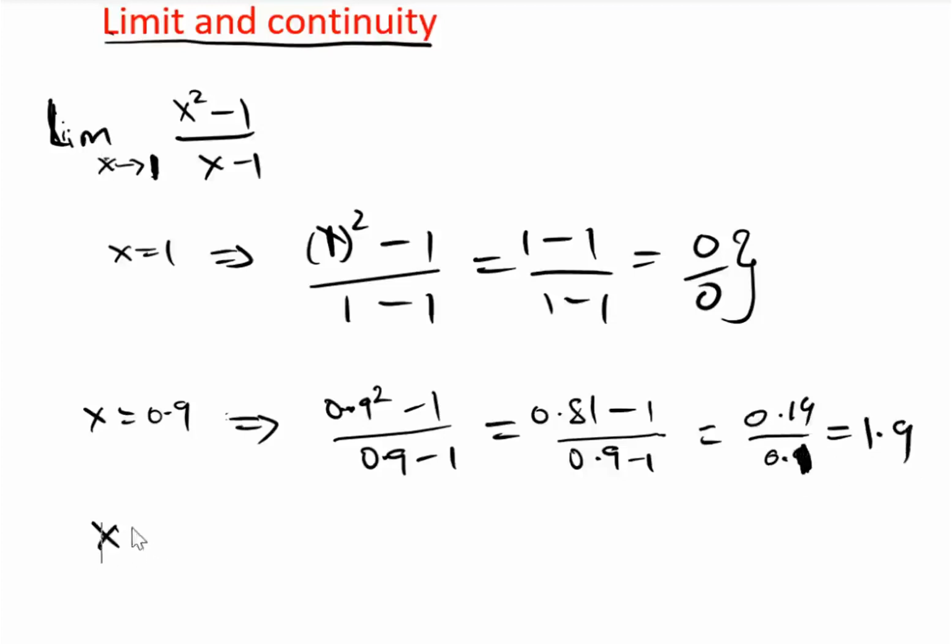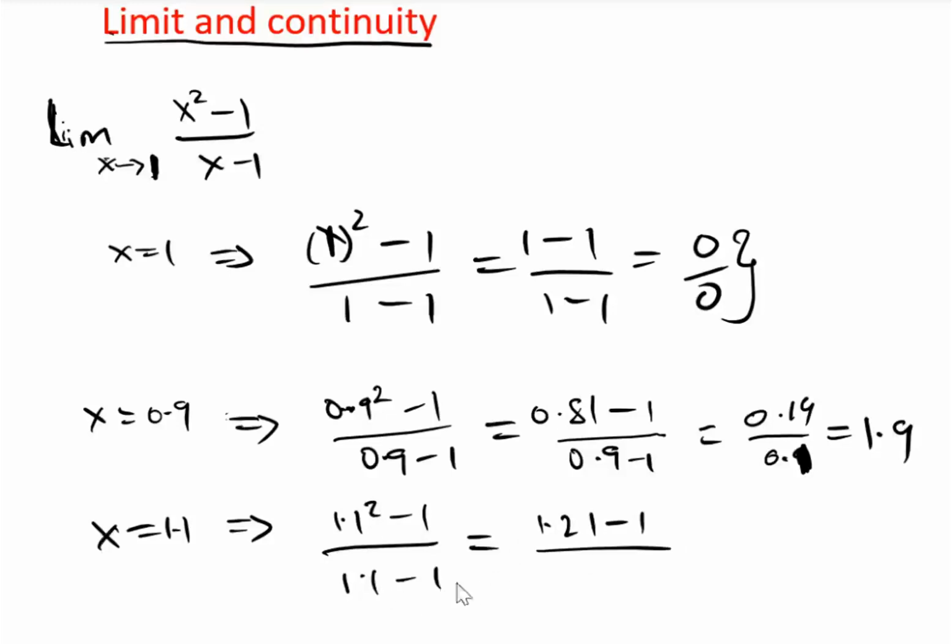Assuming x is equal to 1.1, this implies 1.1 squared minus 1 divided by 1.1 minus 1. 1.1 squared will give me 1.21, minus 1, divided by 1.1 minus 1, which is 0.21 divided by 0.1, and this is equal to 2.1.